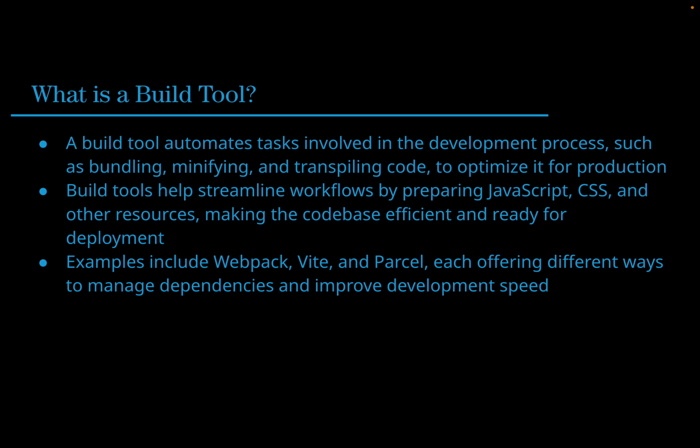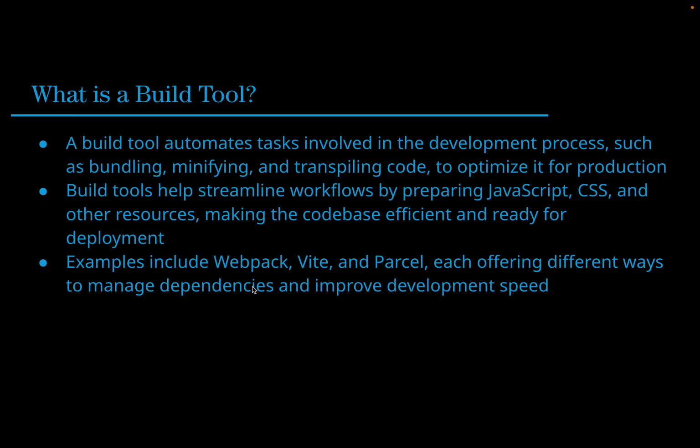In order to write React, we need a build tool. A build tool compiles non-HTML, CSS, JS code into HTML, CSS, and JavaScript. When writing React, you're going to see a lot of files that are not HTML, CSS, or JavaScript, and a build tool compiles them into the HTML, CSS, and JS that the browser can understand.